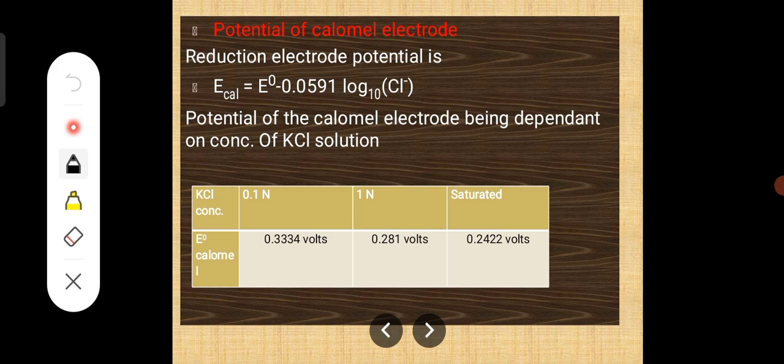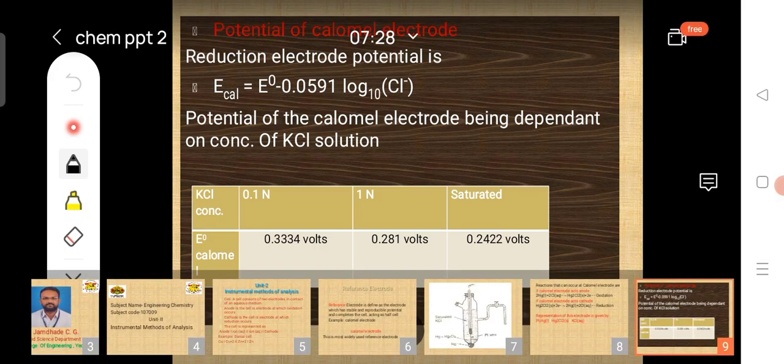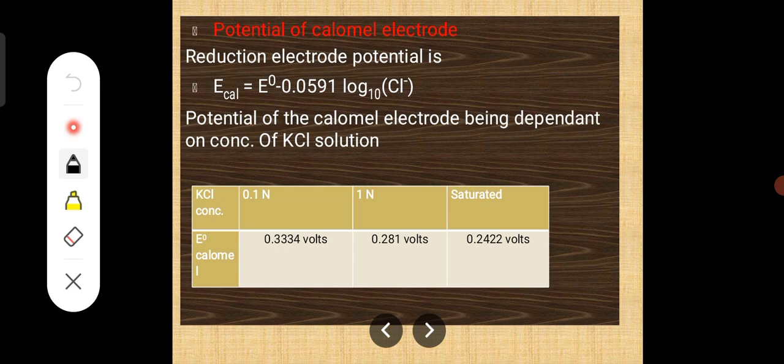The reduction electrode potential, E calomel, that is the potential of the calomel electrode, is equal to E standard minus 0.591 log base 10 of the concentration of chloride ions. The E standard value depends on the concentration of KCl solution.